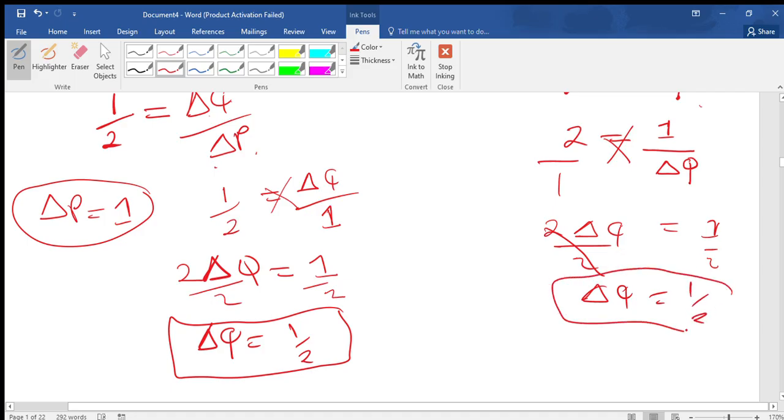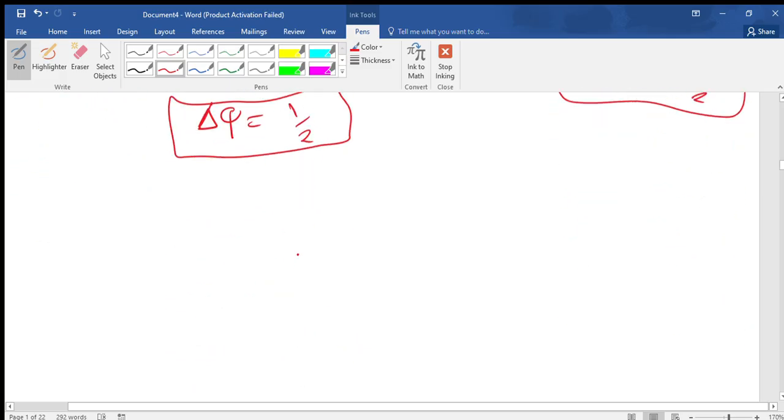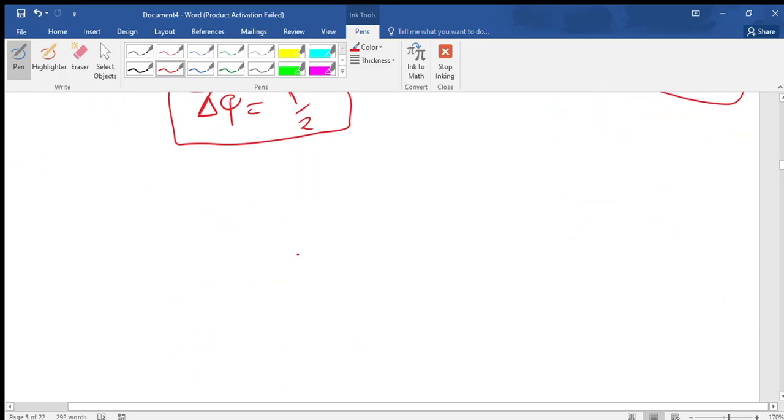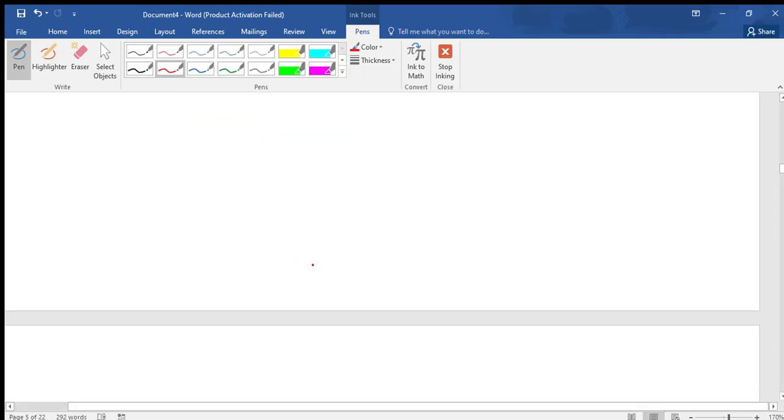As simple as that. So it means if price increases by 1, the quantity supplied will increase by half. That's what it means there. As simple as that, and we are done. Let's go to the last question.